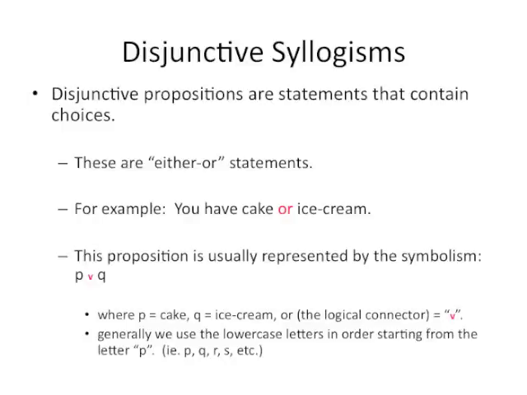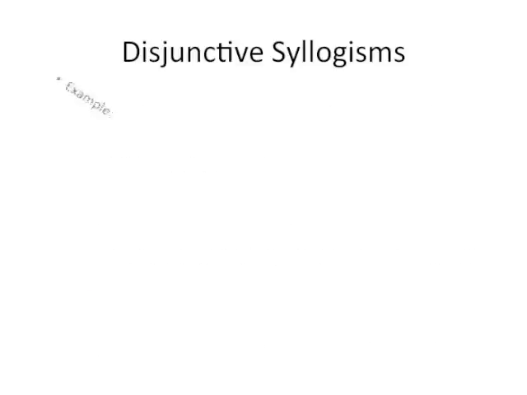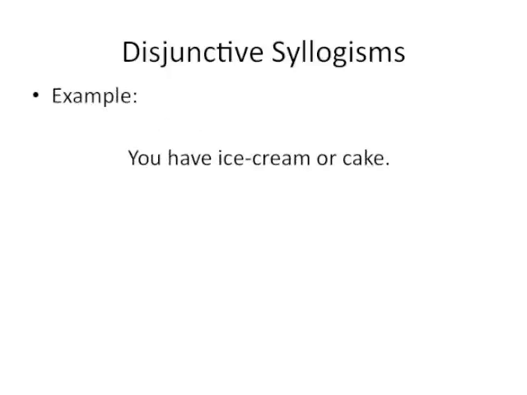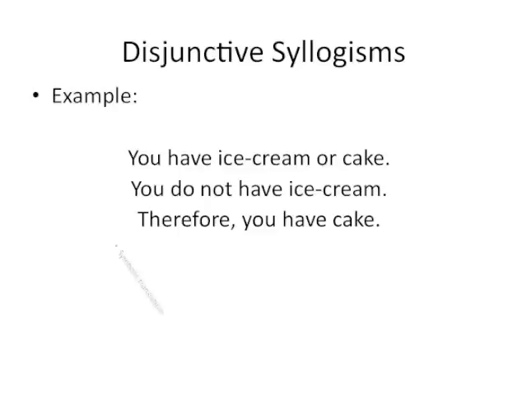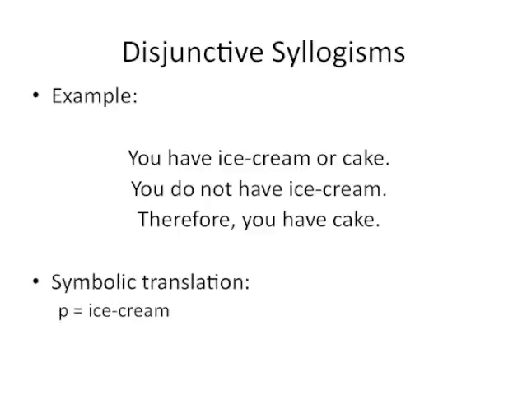Now, here's our example again. All right, you have ice cream or cake. You do not have ice cream, therefore you have cake. Now, the symbolic translation for this argument looks like this. All right, again, P is going to represent ice cream in this case. Q is going to represent cake. And our statements are going to look like this.